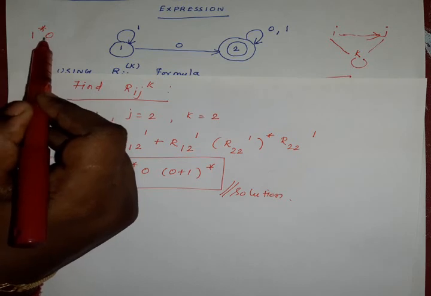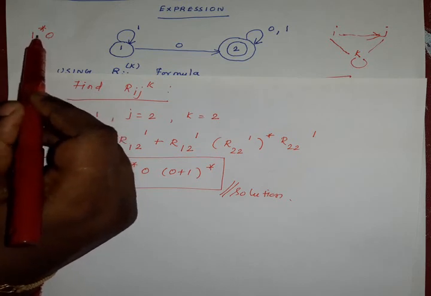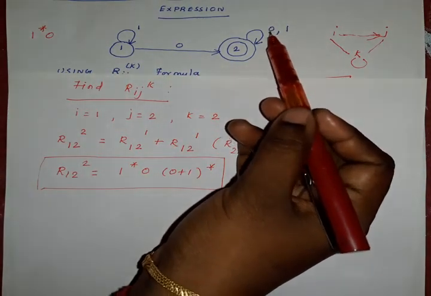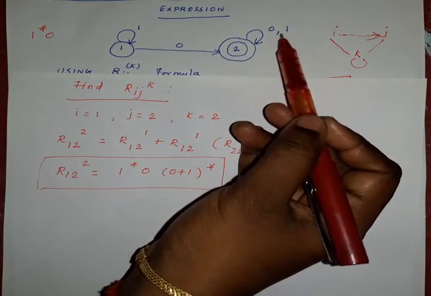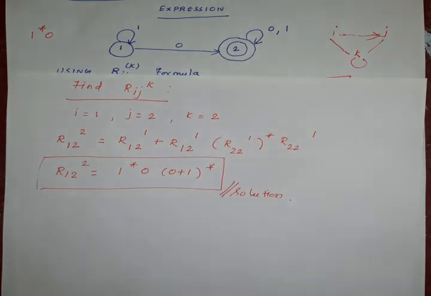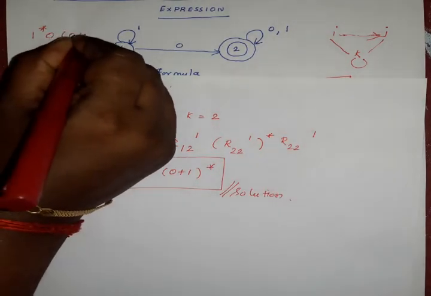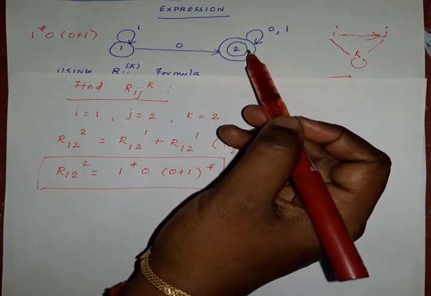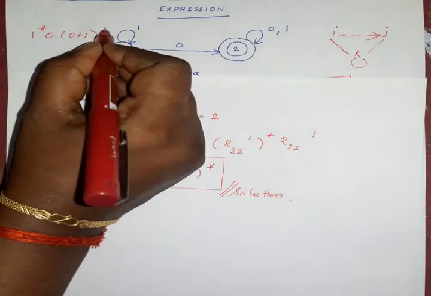There is no need to write the concatenation operator. Then the input here is 0 comma 1. Whenever a comma occurs, we separate the input symbols by a plus symbol. So the last one is 0 plus 1, and since it is a self loop state, it is a closure, that is star. So this is the regular expression.